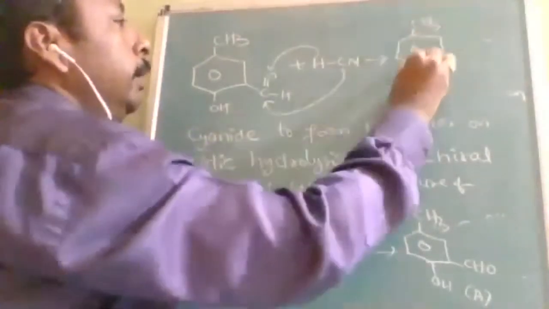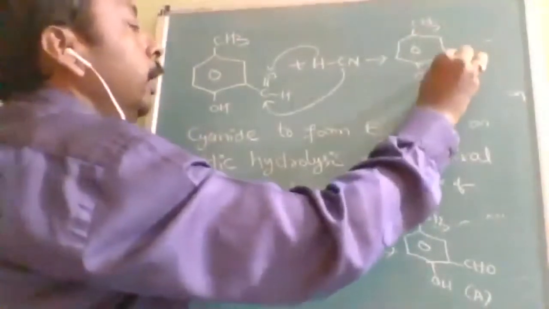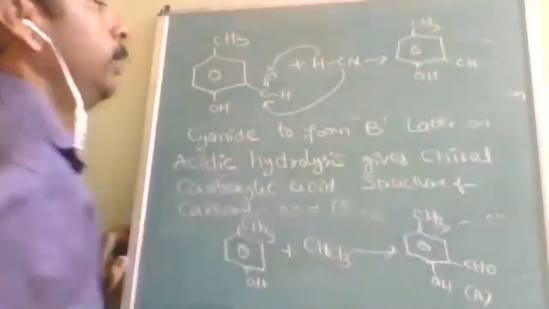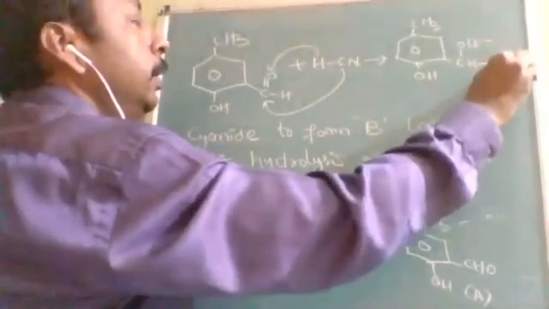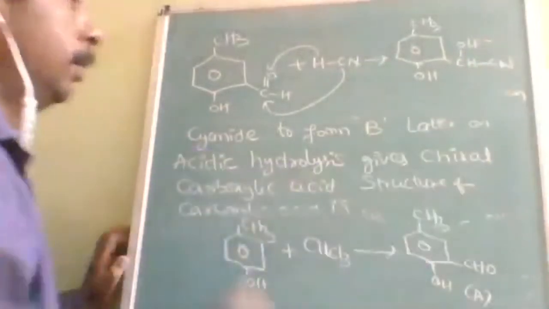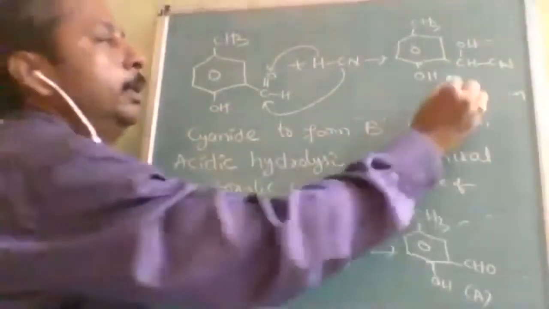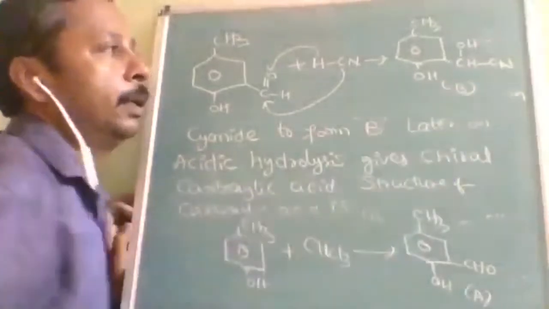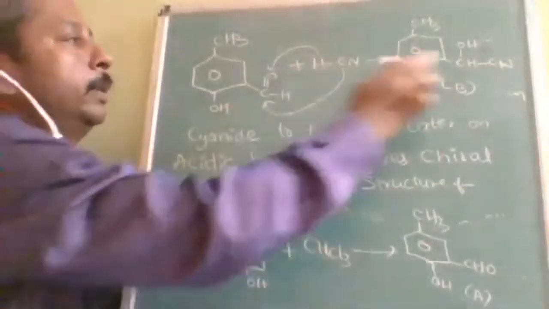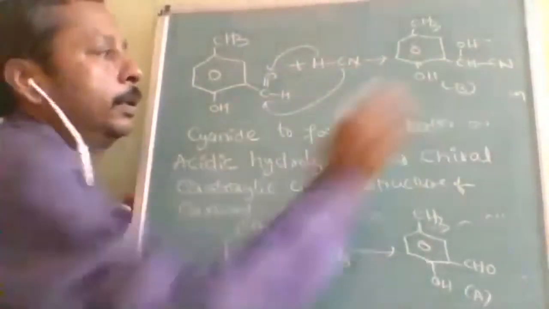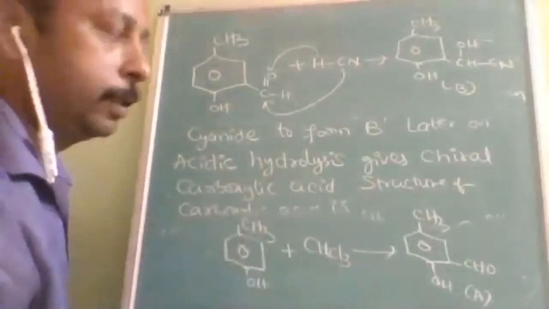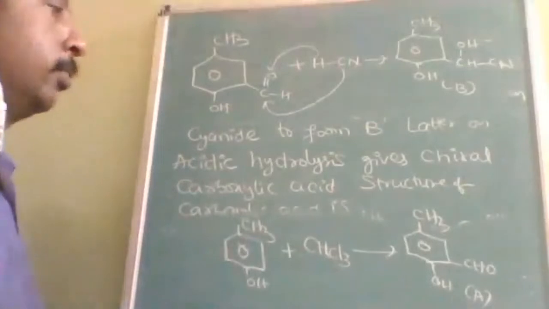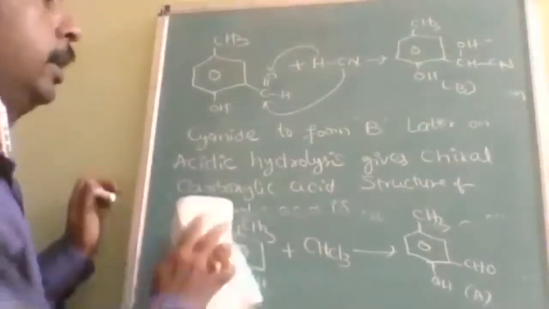If you study with care, organic is a very beautiful subject. The product has OH and CN on the carbon, and this is B. Now on acidic hydrolysis, this is to be hydrolyzed to give a chiral carboxylic acid.